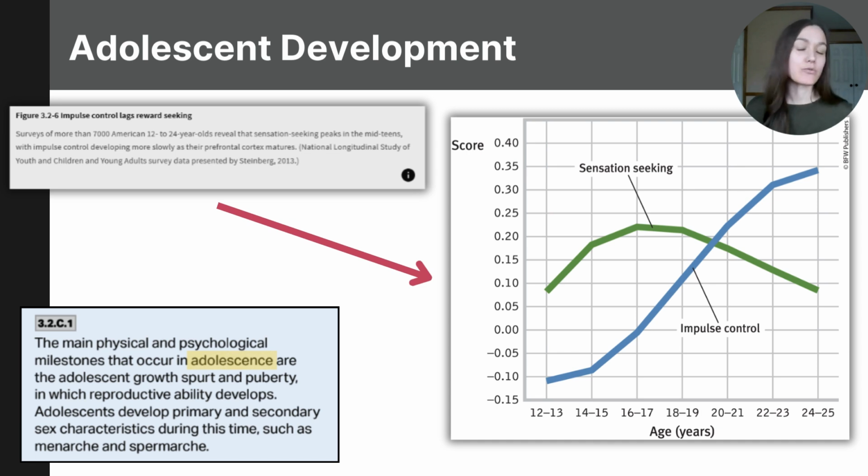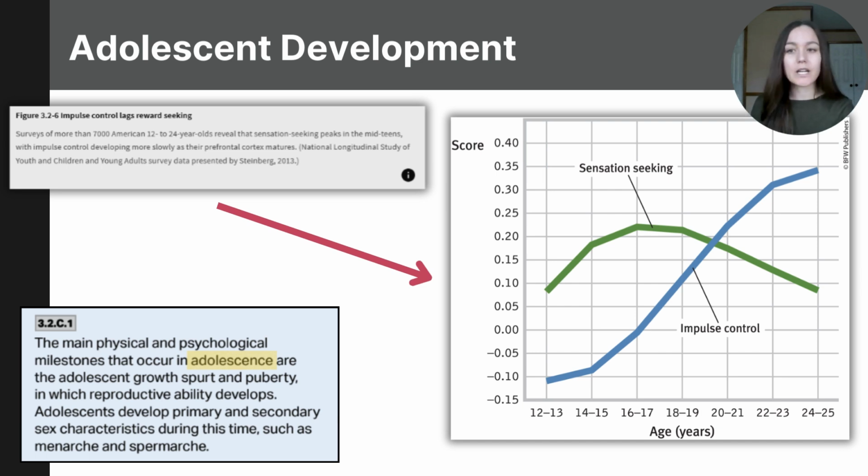Adolescence is a stage of rapid physical change and development that happens as individuals transition from childhood to adulthood. During adolescence, significant changes occur in the brain, particularly in the development of neural networks. One of the most important changes is the continued growth and refinement of the prefrontal cortex, the area of the brain that's responsible for decision making, planning, impulse control, and reasoning.